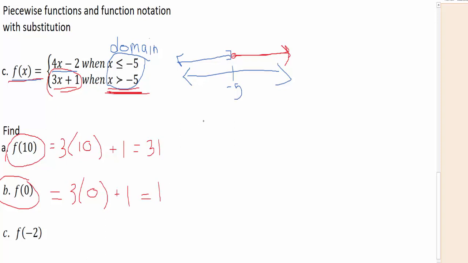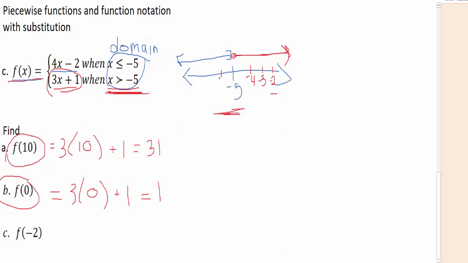Okay, so this has to do with number sense. Do you realize how this number line counts? Here's negative 5, and then as we go this way, we get negative 4. So negative 4 is actually greater than negative 5. Negative 3, negative 2, put those negative signs on there. So negative 2 is greater than negative 5.